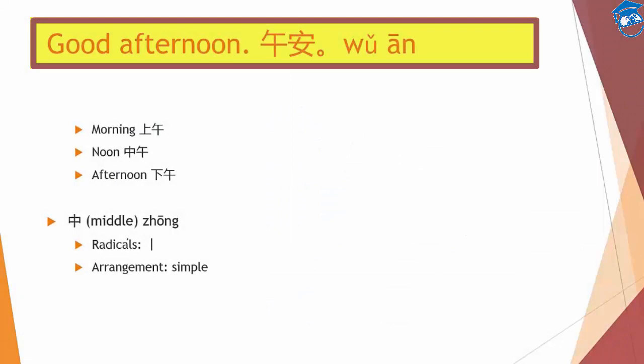Next one, 午安. It has the same meaning as good afternoon, just like 早安 has the same meaning as 早上好, good morning. So here I'm gonna explain how to use the word 午. Okay. So morning in formal context, we use it as 上午.